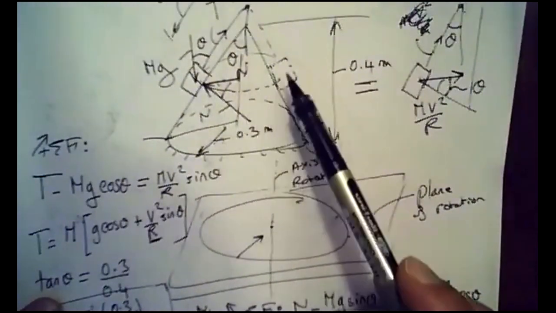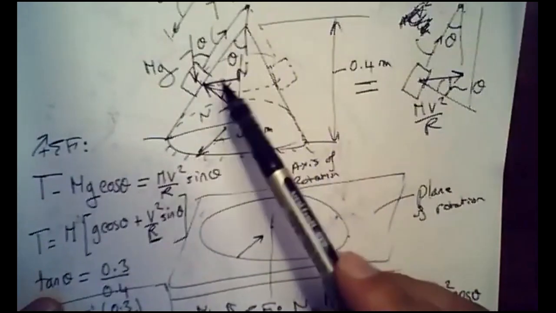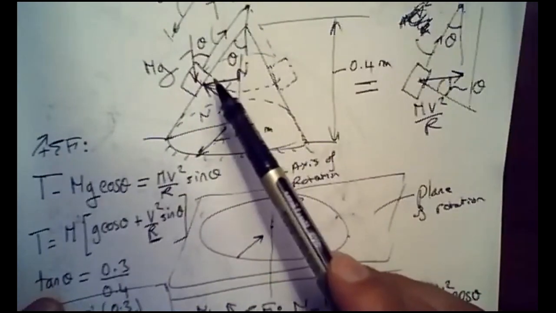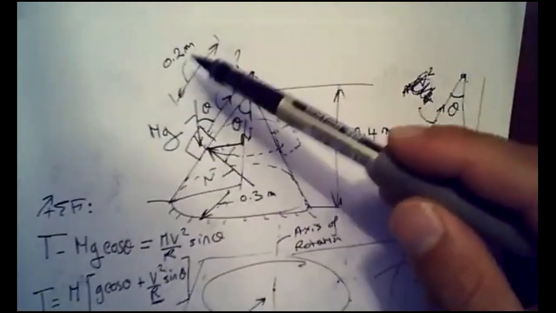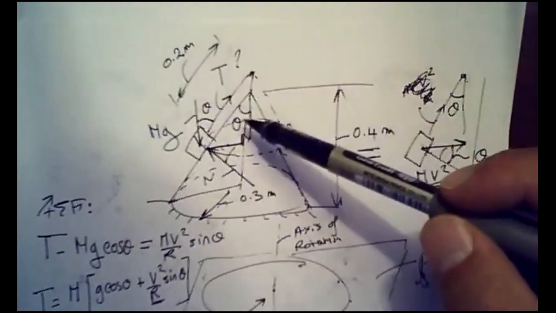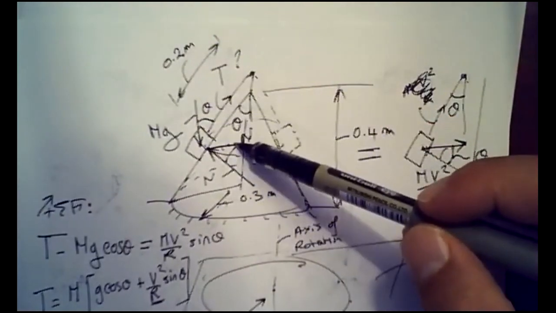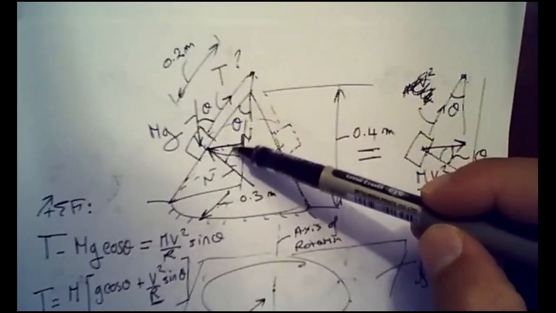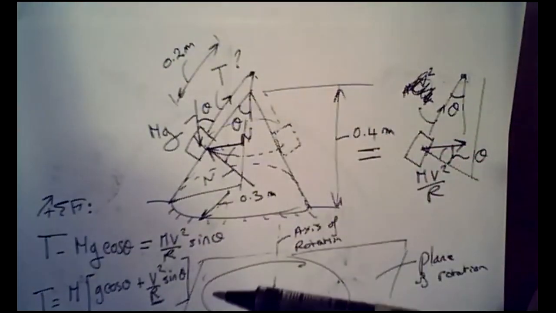In this case, that slice here is the plane of rotation. Then you identify the circle this guy is executing, and find its radius. How do I find the radius? This distance is given as 0.2 meters, and I have the angle theta. So this line is simply 0.2 multiplied by sin theta, and I get this value.